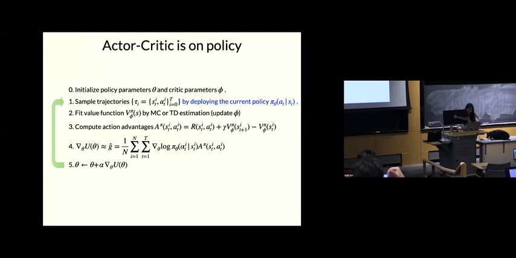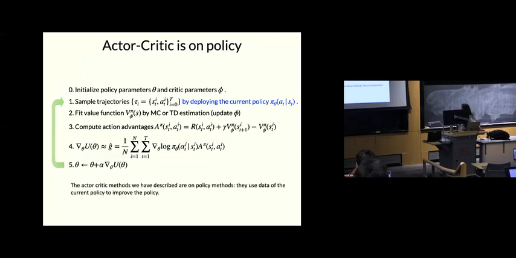All right, so now real quick, I want to say the following. In actor-critic methods, the way we have described them, they are on-policy methods. You use the data of the current policy to improve the policy. As you see in that blue, we always deploy the present policy theta. And this is very costly, because each time you update the parameters a little bit, you need to go and collect new experience.